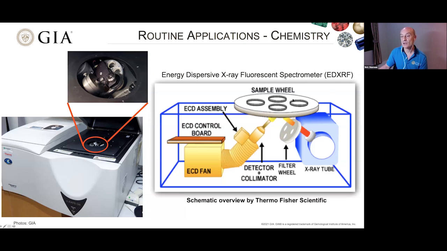You can see that there's a sample wheel. We have the X-ray tube, so the X-rays are generated from the tube, they hit the sample, and then the secondary X-rays are received by the detector collimator here, and of course goes through the system to the software, etc., and then we'll see the results.